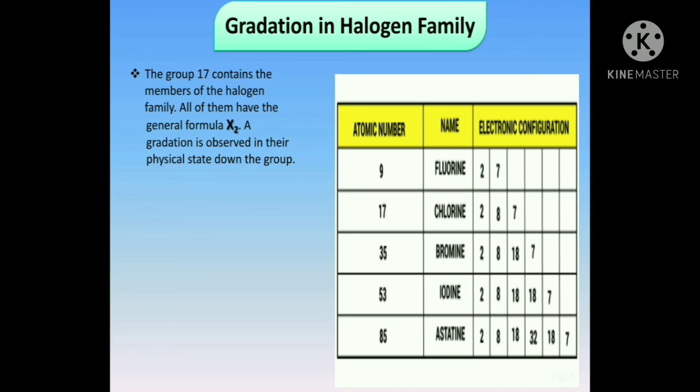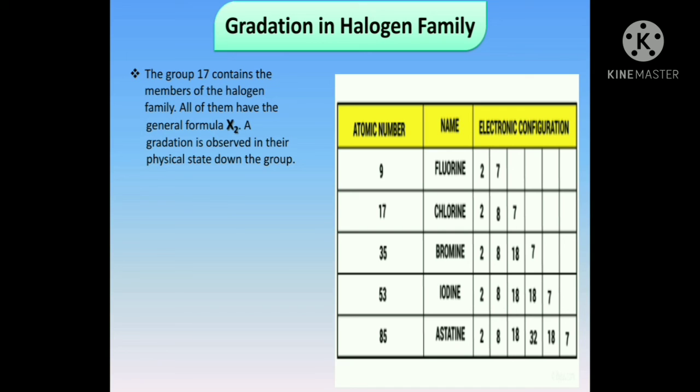Fluorine has 2 shells, whereas chlorine has 3 shells, bromine followed with 4 shells, iodine with 5 and astatine with 6 shells. But if we see the valence electrons, they are the same, that is 7. So, valency of all halogens is the same.